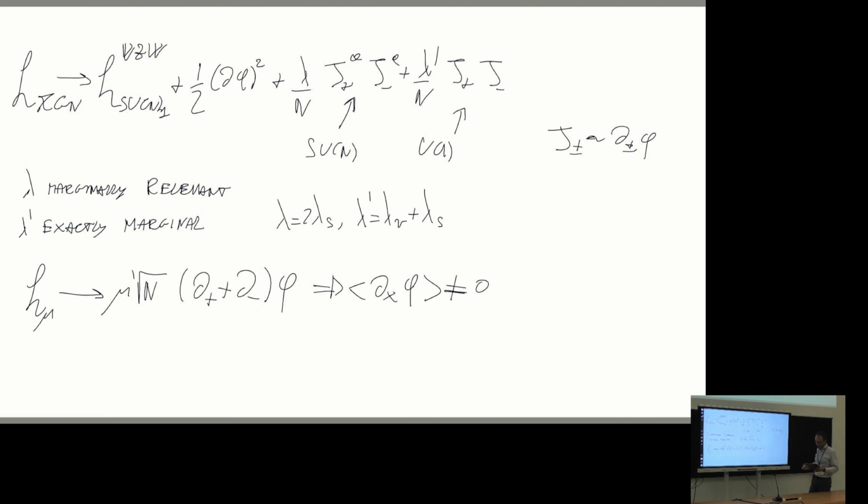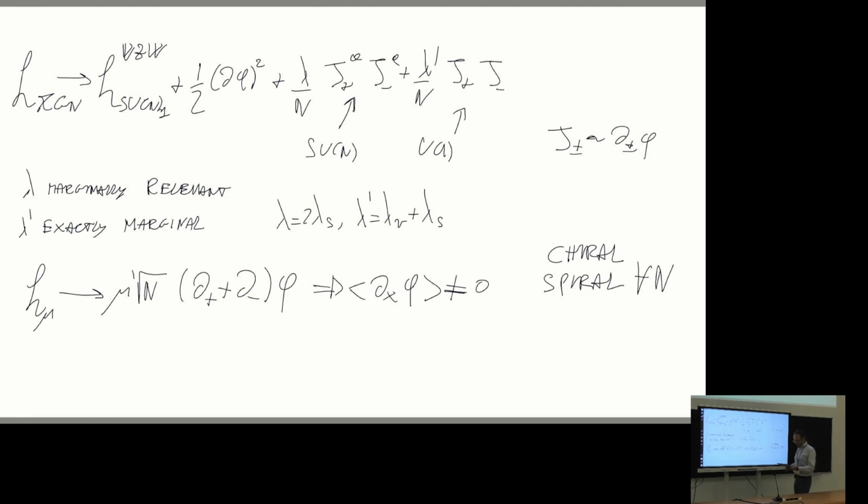So you immediately see the chiral spiral for any n. It was not a large n artifact, but actually it's there for any n.